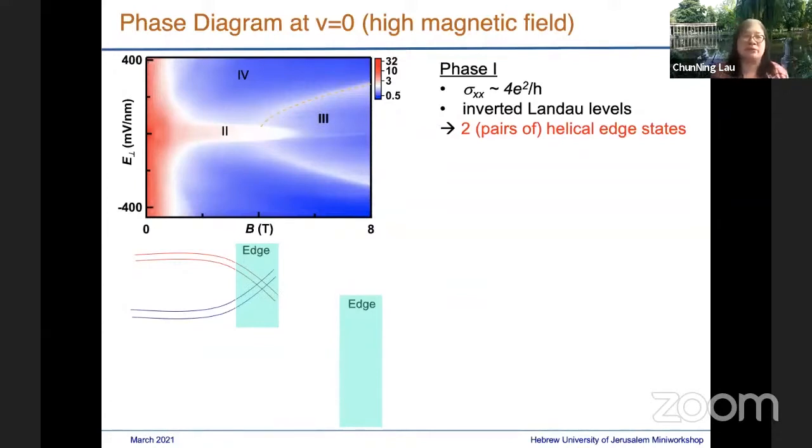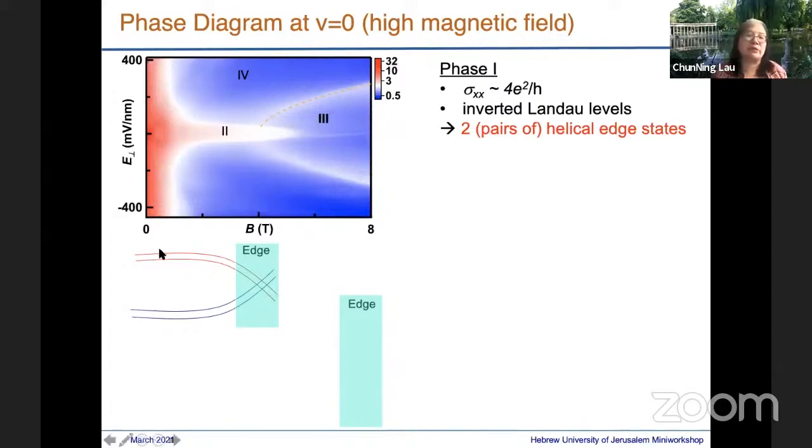Phase 1 actually occurs, this is a very high mobility sample, so we are already in the quantum Hall regime below half a Tesla. Each Landau level here is still spin degenerate, so each Landau level has two copies.